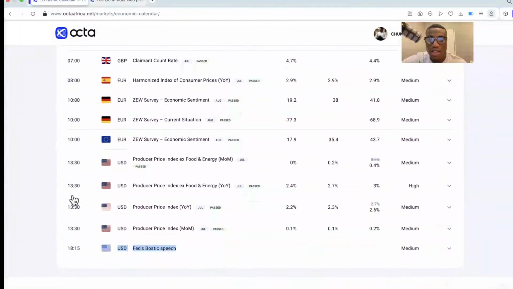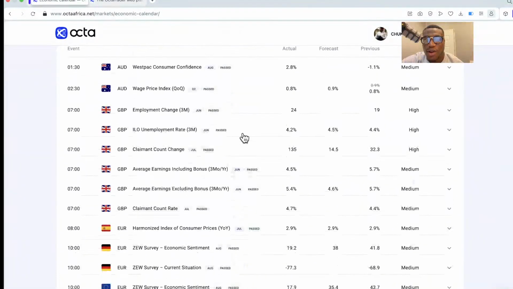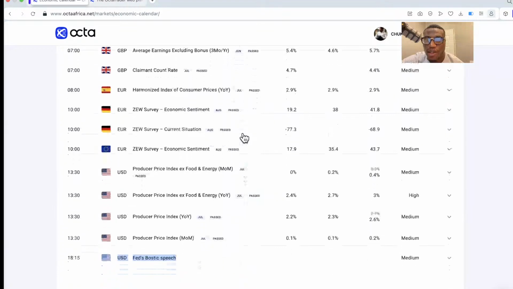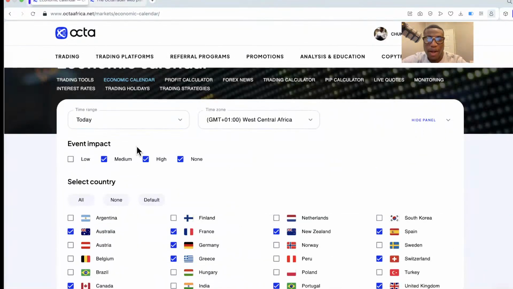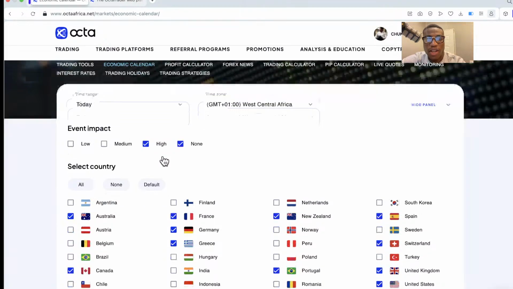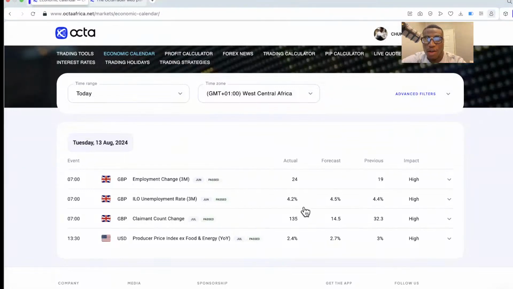And if you look today, give me a second, guys. All right. If you look today, you'd see that we have quite a number of economic events, right? That's because I have added the medium impact events. If I stick to only high impact events, we only have about four economic events.